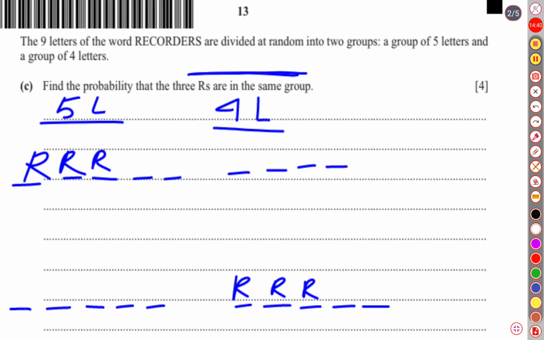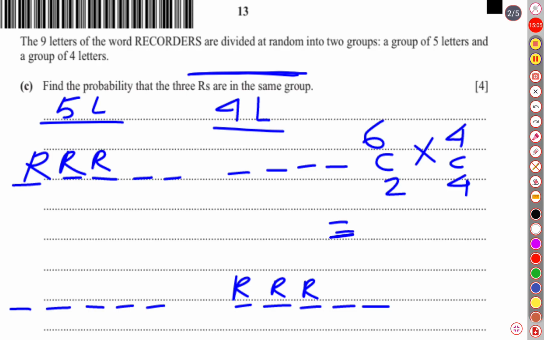If 3 R's are chosen, 6 letters are left. So from 6, first we will choose 2. Well, then if 2 and 3, 5 letters have already been chosen, so there remains only 4 letters. Out of 4 we are going to choose 4.